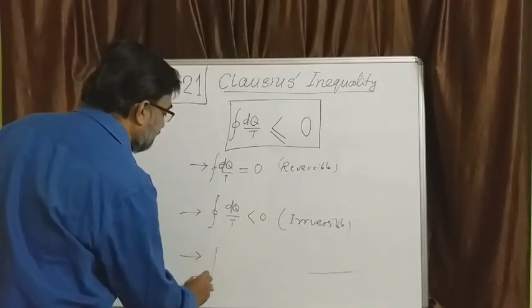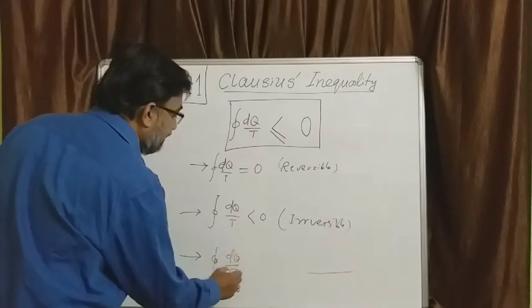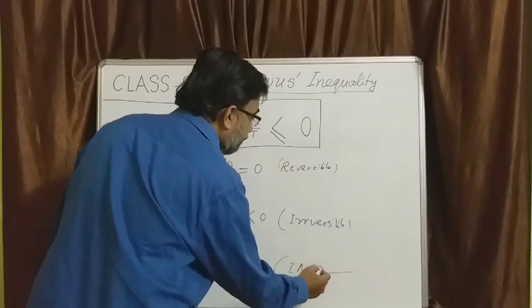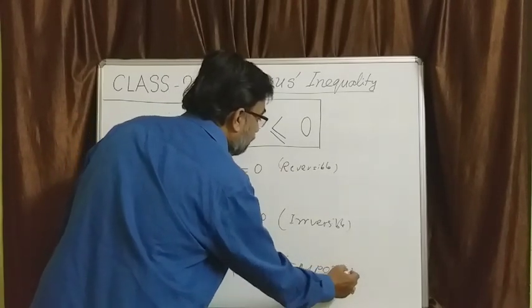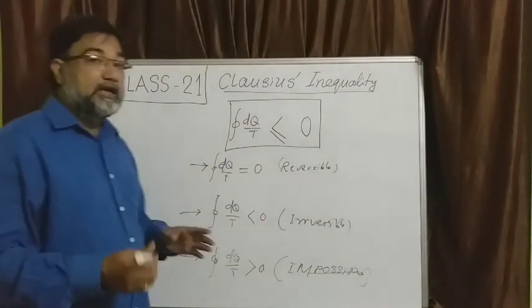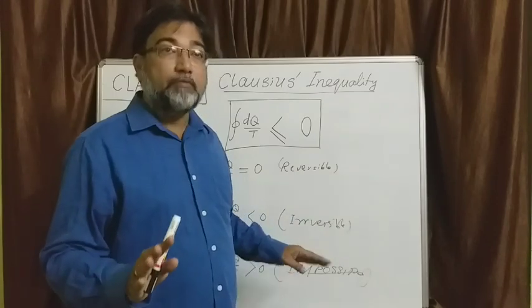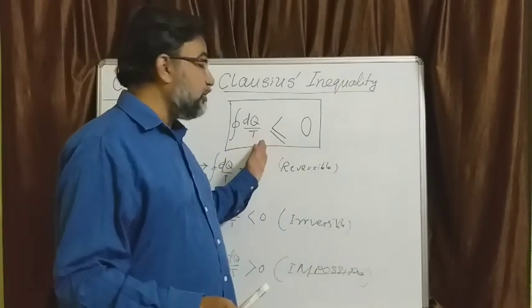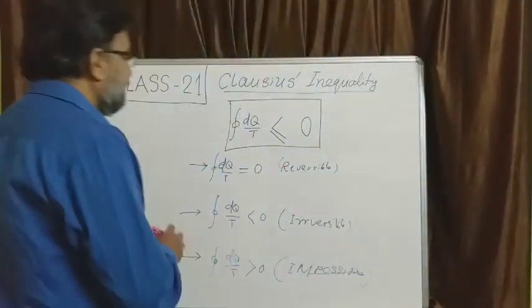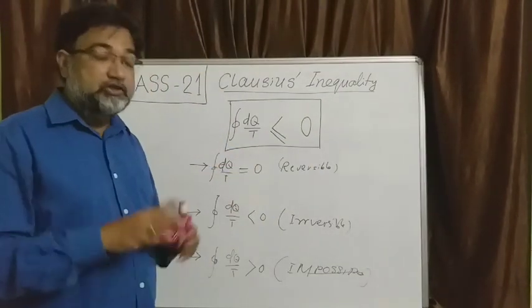The third possibility is that the cyclic integral of dq by t is greater than 0, then the cycle is impossible. So a cycle can either be reversible or irreversible, so the cyclic integral of dq by t can either be equal to 0 or less than 0. This mathematical statement is called Clausius inequality.